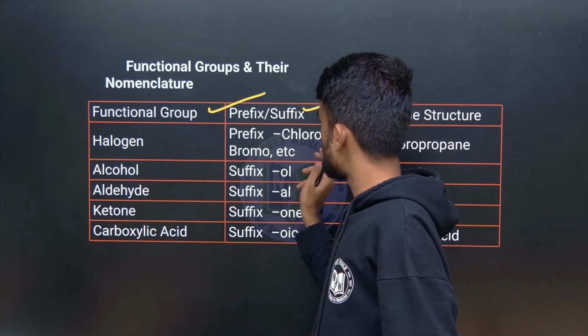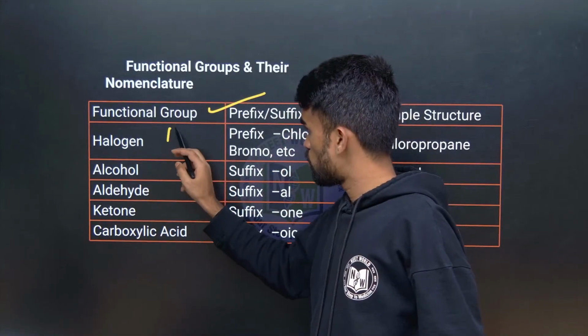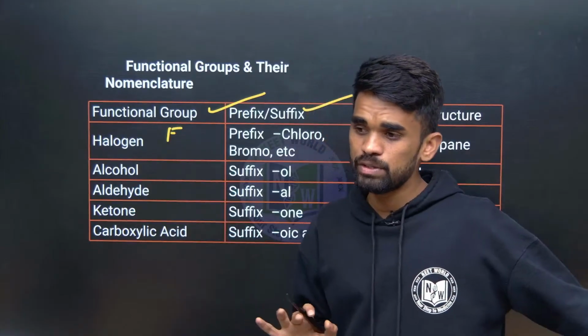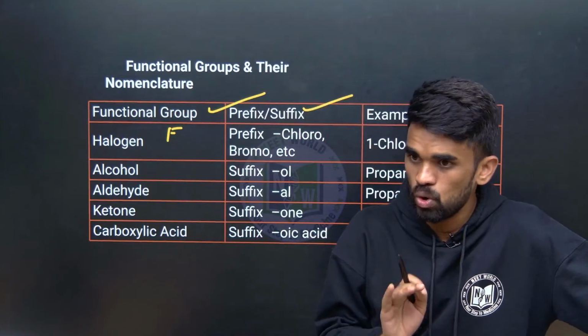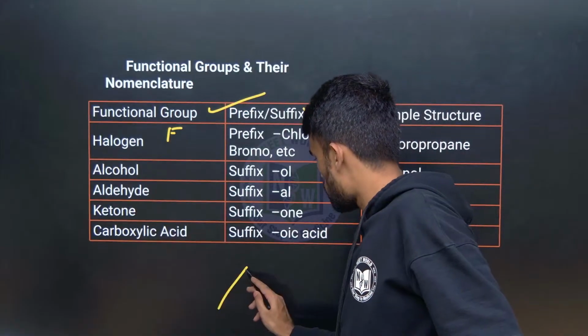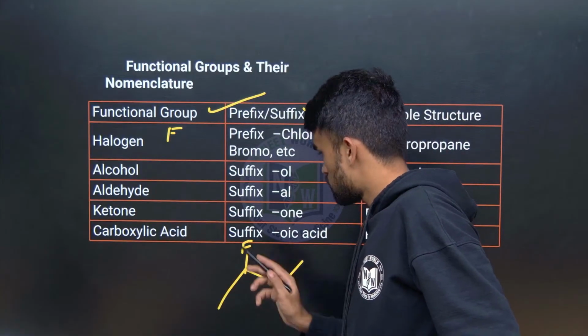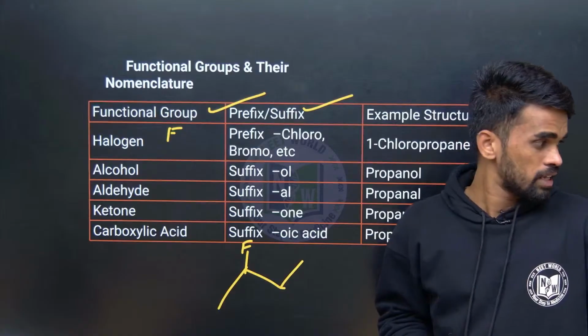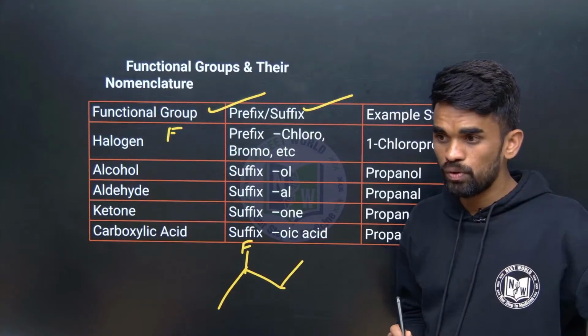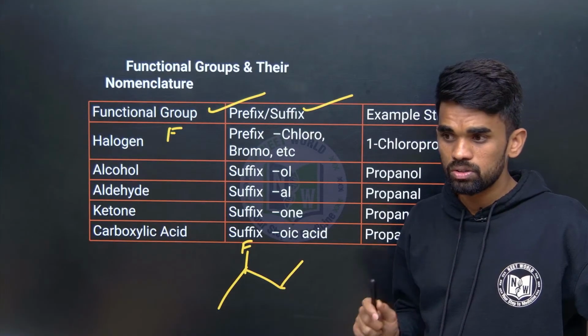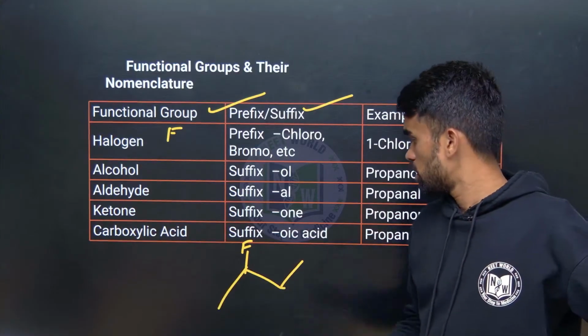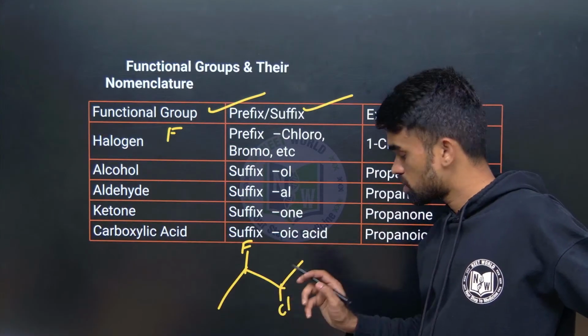So halogens, if we have fluorine we should say fluoro. Always use them as prefix only. So if we have something like this, I should say 2-fluoro-butane. Okay. Now here I am having chlorine.